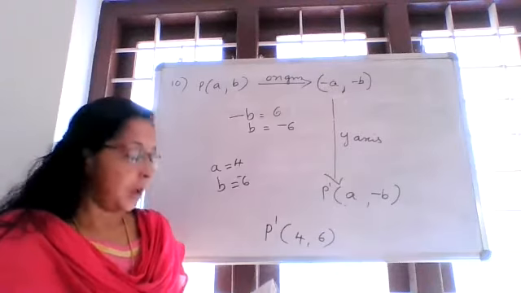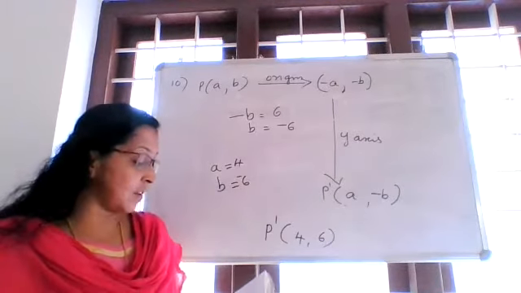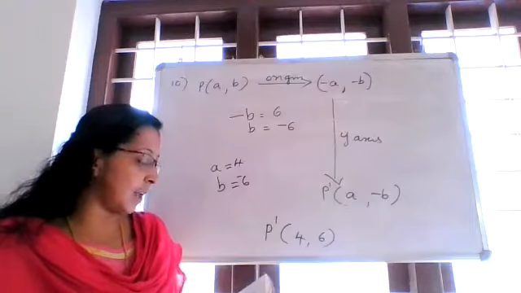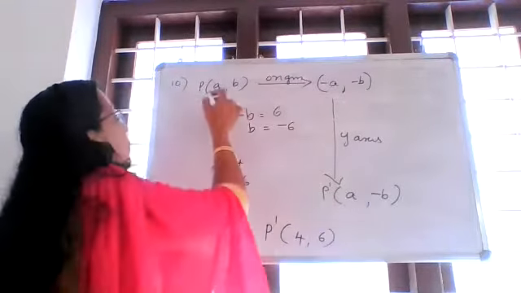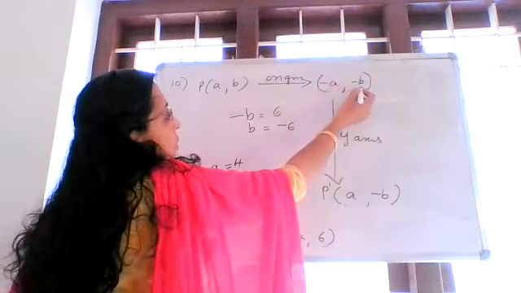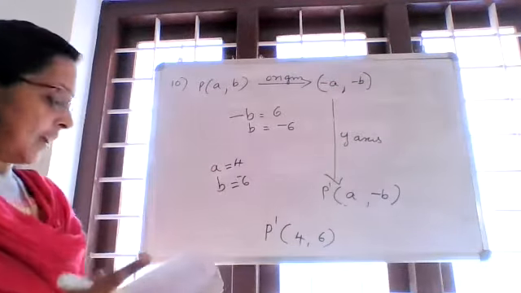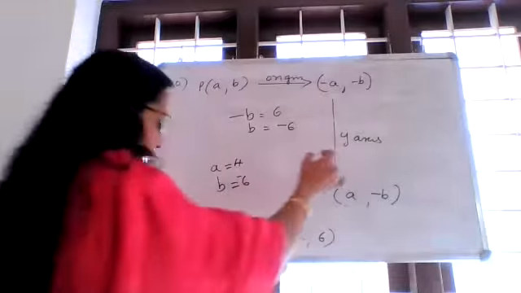Tenth question. Point PAB is first reflected in the origin. So it will be negative A, negative B. Then reflected in the y-axis to P dash.